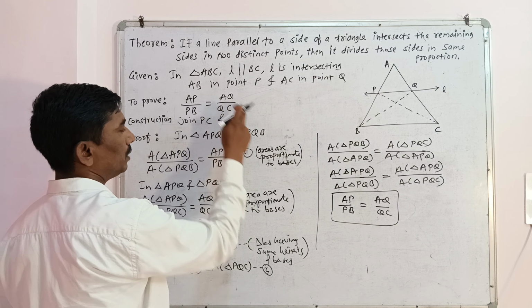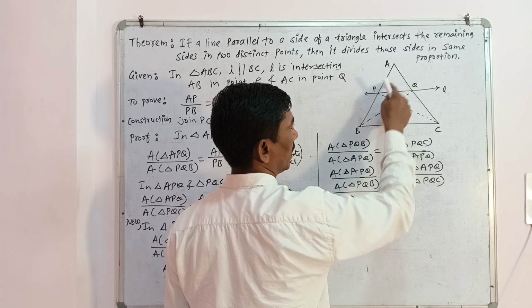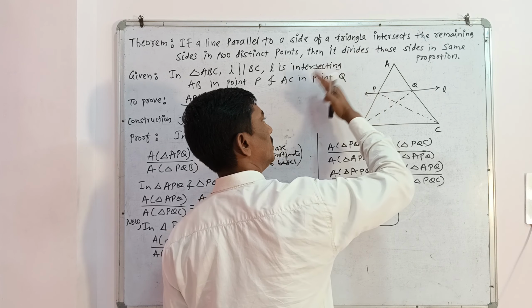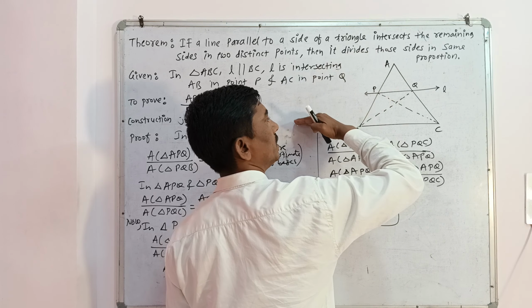So how to remember this? First we take this triangle, and along with it the pair of triangles should be PQB, and just rotate this to this side, then you will have those two triangles with same heights. So their ratio of areas will be equal to the ratio of their bases only.